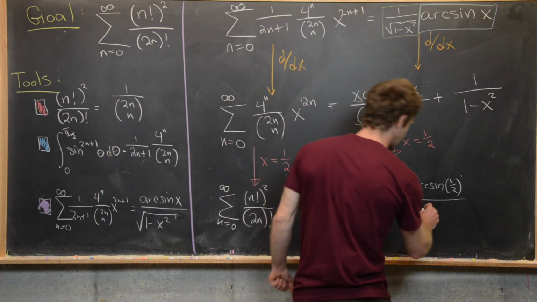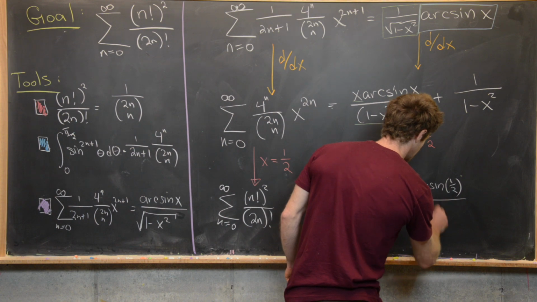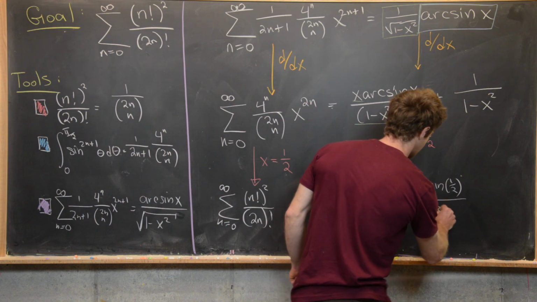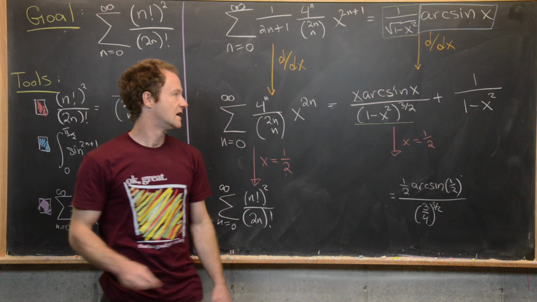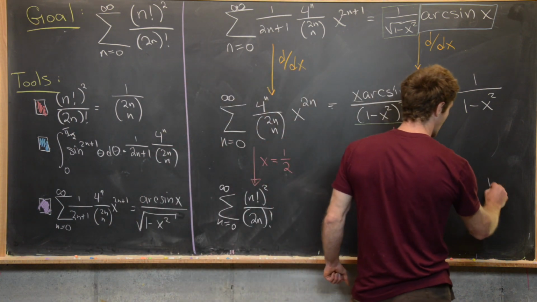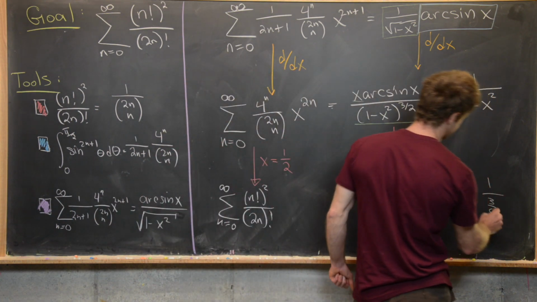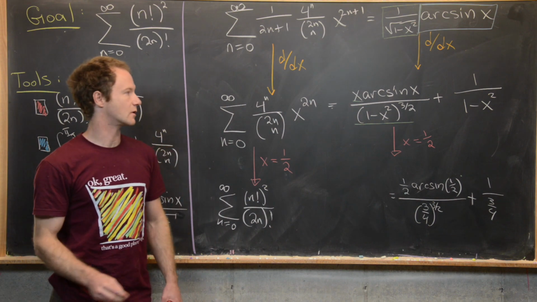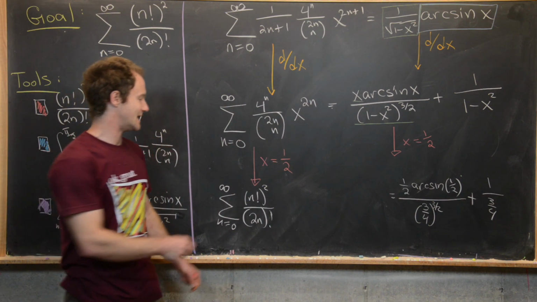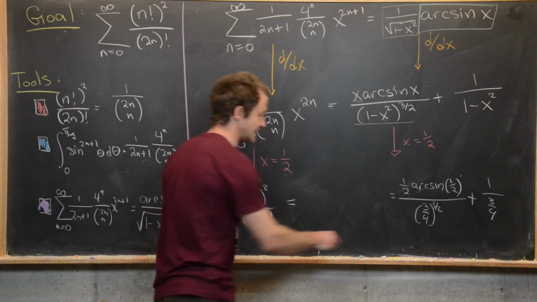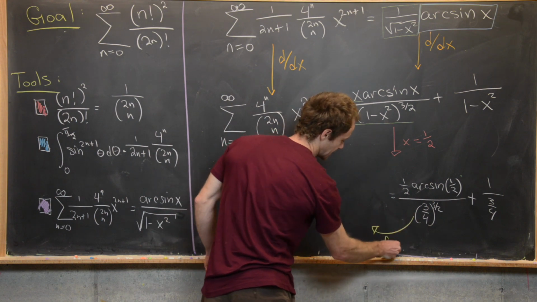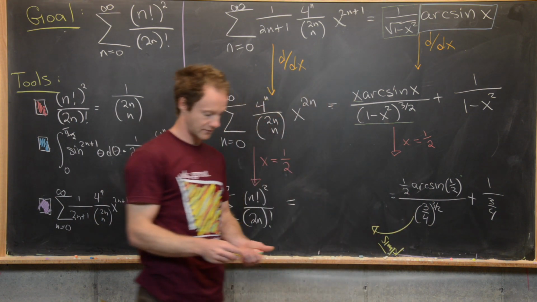So that's going to be 3/4 to the 3 over 2, and then plus 1 over 3/4, for the same reason we get a 3/4 there. Okay, but now this bit can be simplified. So I'll just put, we're simplifying this thing right here.